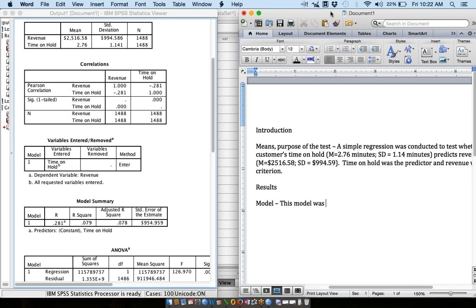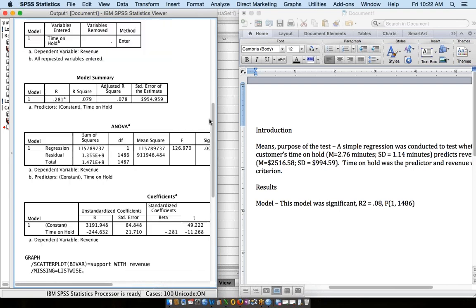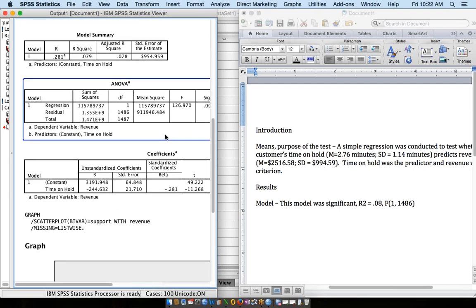This model was significant. And you could also say the model of time on hold predicting revenue was significant. R squared equals 0.08, F(1, 1486). That's my degrees of freedom, and I'm getting that from the regression line and the residual line.